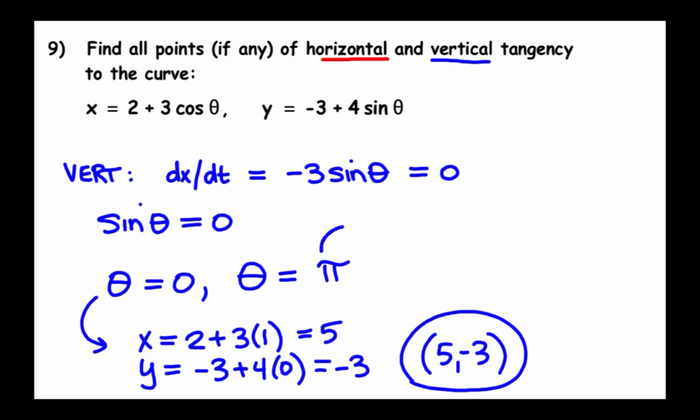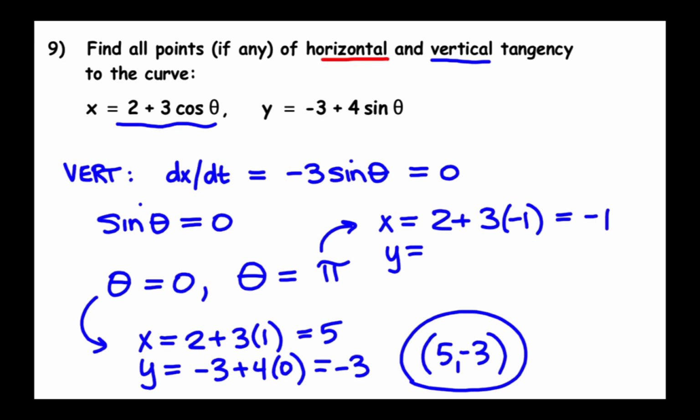What if theta was pi? Let's come up here and see what we have. Starting with the x, it's going to be 2 plus 3, but the cosine of pi is negative 1. So really that's 2 minus 3. That's going to be negative 1.